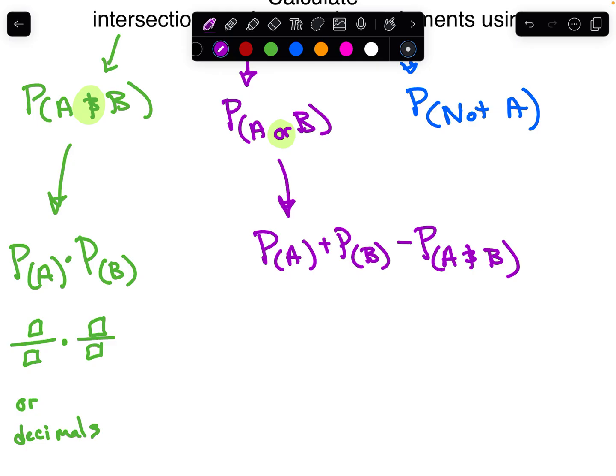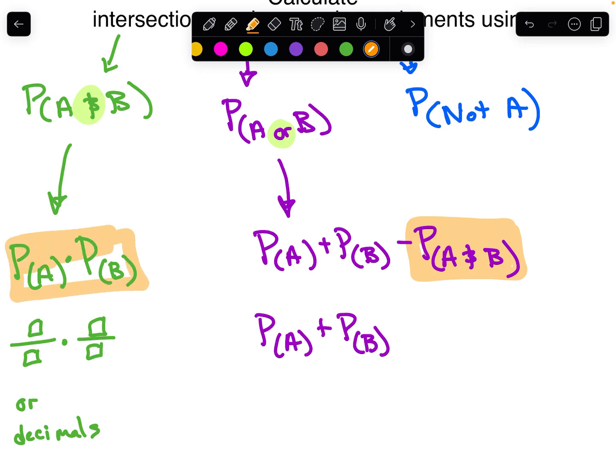Why we subtract, I'm not going to get into right here, but you do have to subtract that. So that means you have the probability of A plus the probability of B, and this intersection we get by multiplying them together. So then you will subtract the product. So add, and subtract the product.